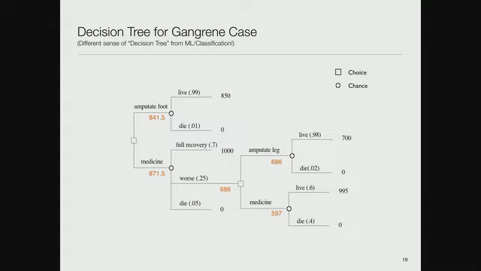Now the difficulty is that these numbers are fickle, so you'd like to do some sort of sensitivity analysis, and you say, for example, what if this gentleman valued his living with an amputated foot at 900 rather than 850? And now you discover that amputating the foot looks like a slightly better decision than the other.